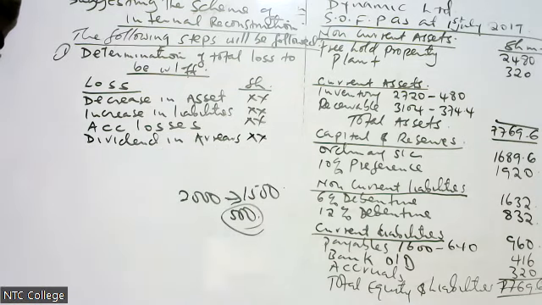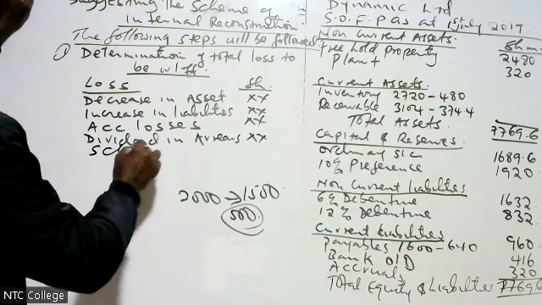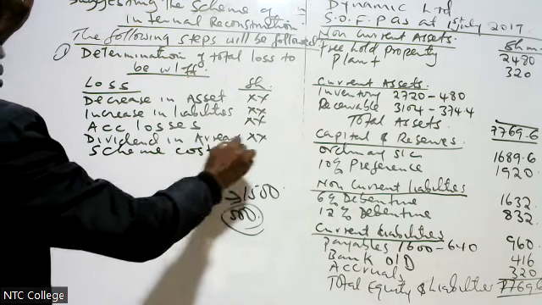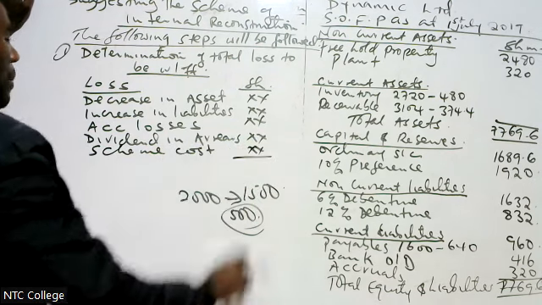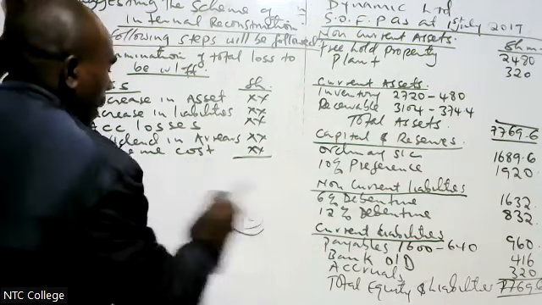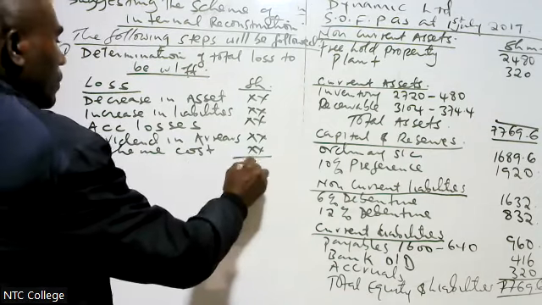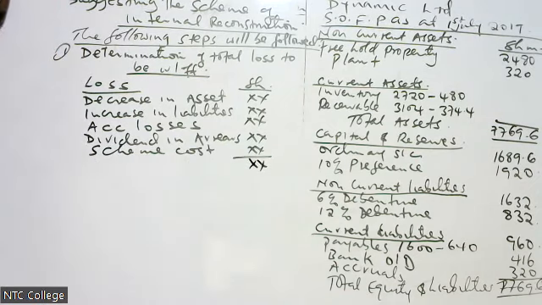That dividend in arrears is a loss in the company. If you have scheme costs, those are the expenses that are coming up. Therefore, there are losses to the company. You get the losses there like that.